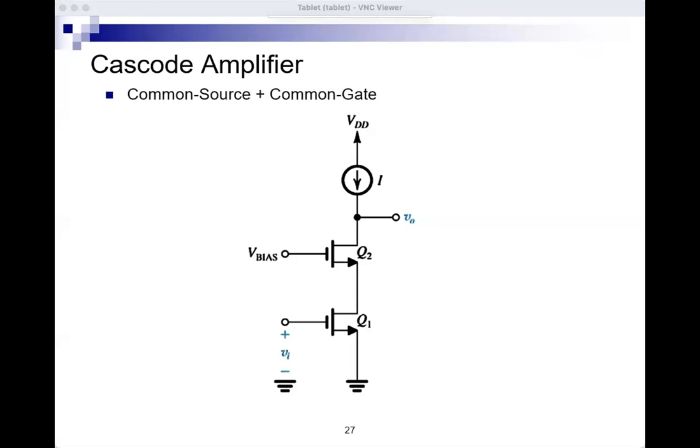The first formula sheet is for voltage gain for all kinds of transistor amplifier stages. And the second formula sheet is for resistances that we see when looking into terminals of transistors, and also when we combine resistors together.